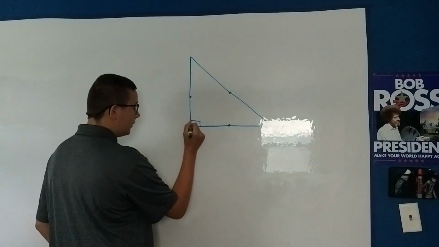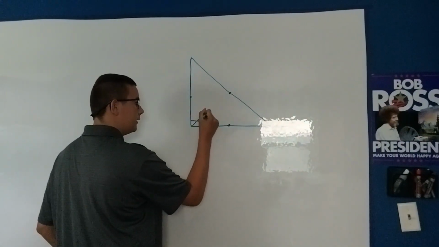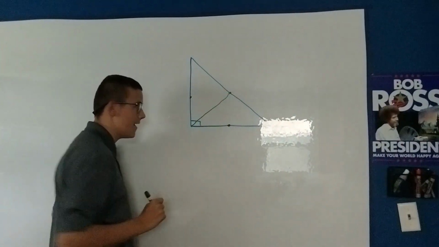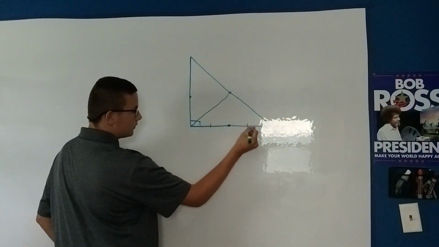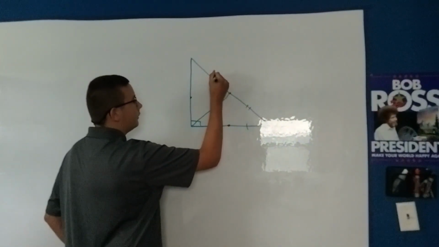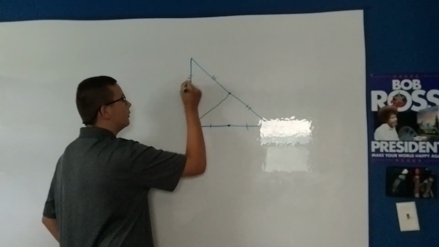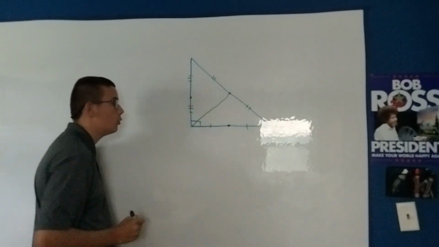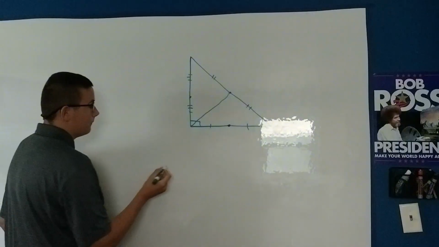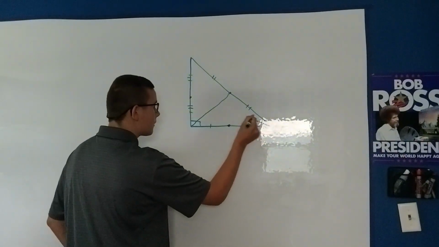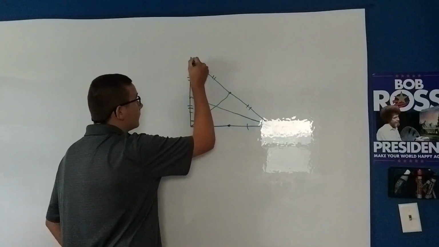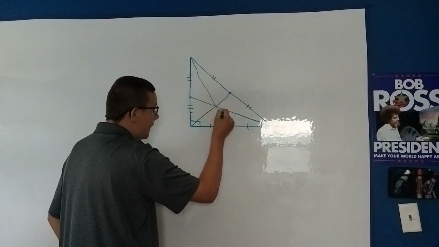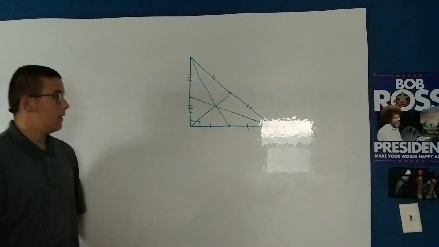Now, if we go from a vertex and we take this line straight out to the midpoint like that, I would also like to label these so that we are clear that these are congruent with each other because those are midpoints. Then we would go from here to that midpoint and from here to that midpoint like that.